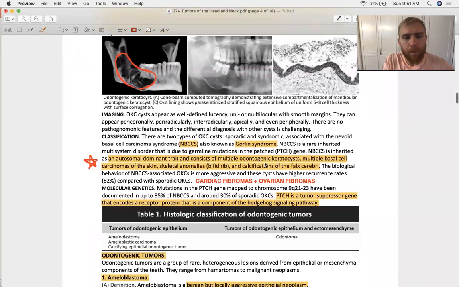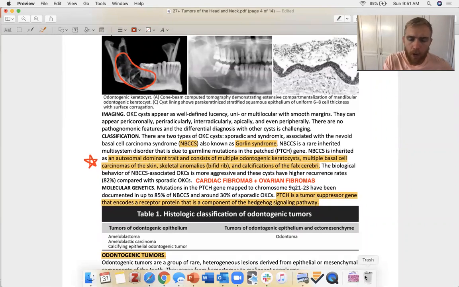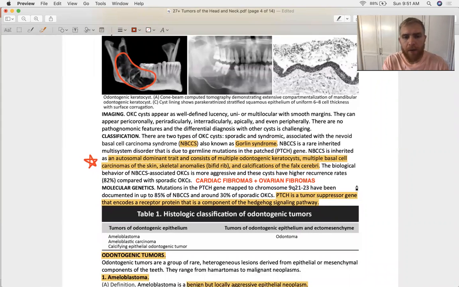Important to remember what Gorlin syndrome is, nevoid basal cell carcinoma syndrome. And that's because odontogenic keratocysts are associated with this basal cell carcinoma syndrome, which is inherited in an autosomal dominant manner. And patients with Gorlin syndrome present with lots of dots, typically all over their face. It can be elsewhere on their body.